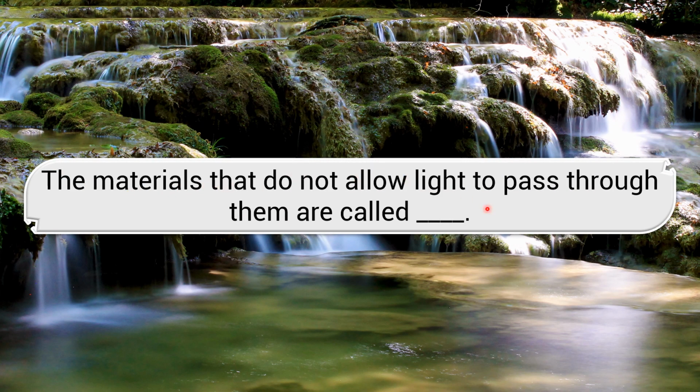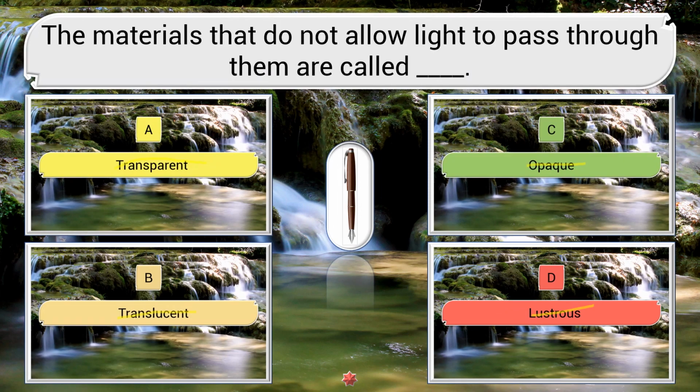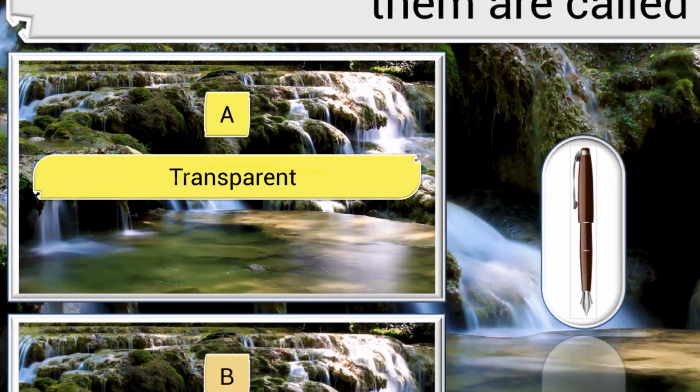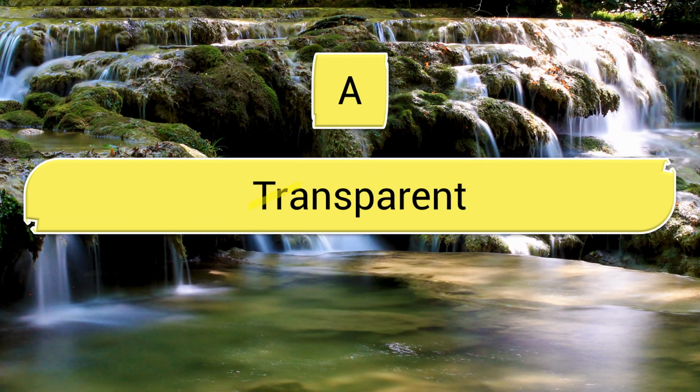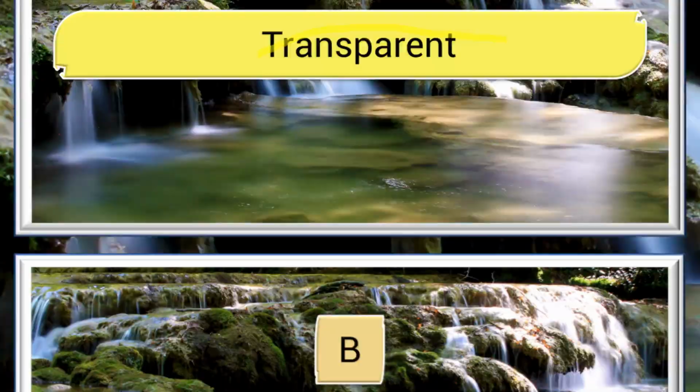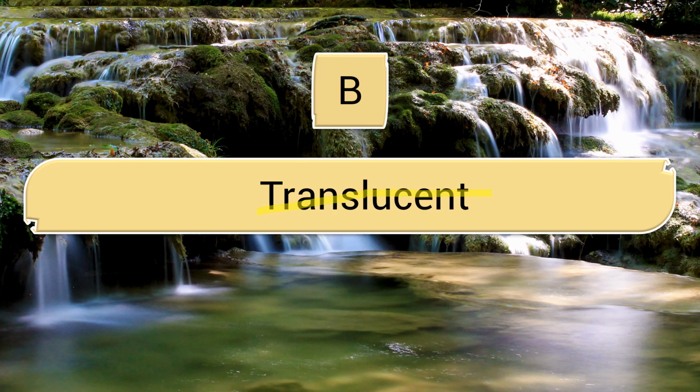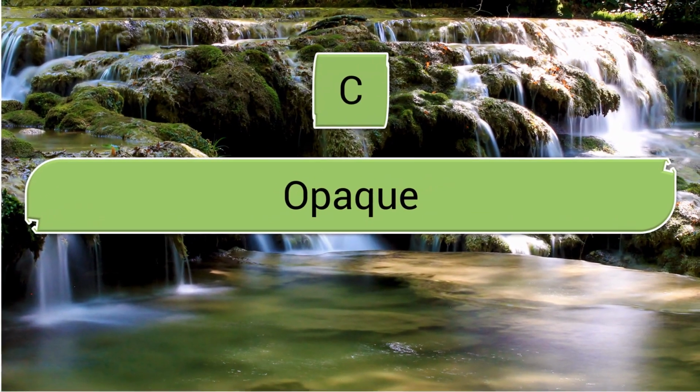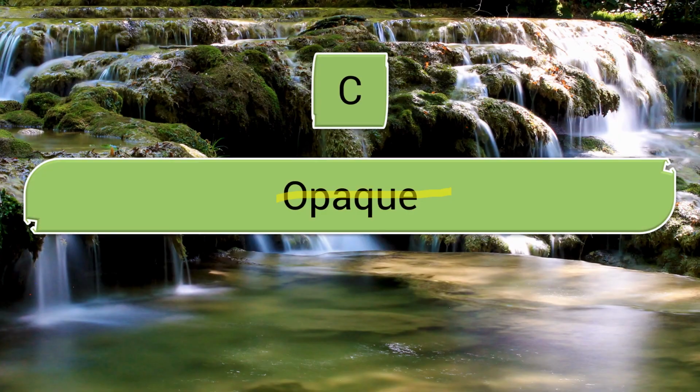Materials that do not allow light to pass through them are called transparent, translucent, opaque, or lustrous.